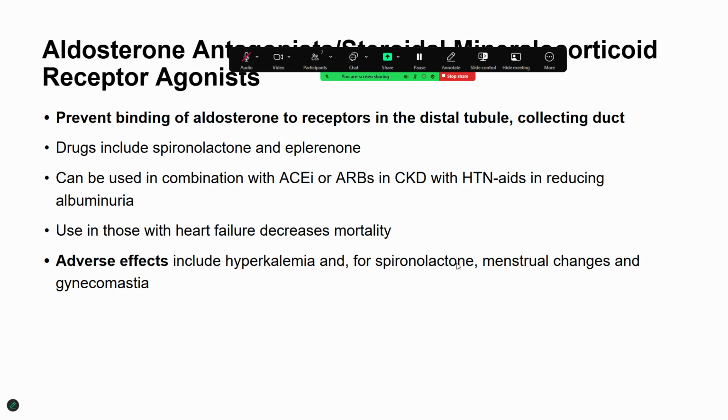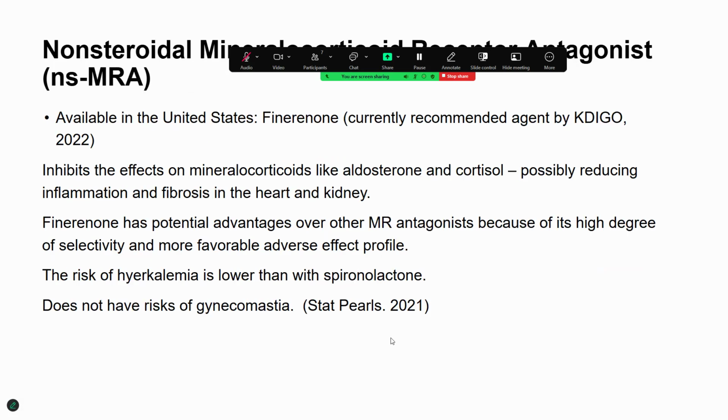The nonsteroidal mineralocorticoid receptor antagonist, finerenone, had its own special little slide in that presentation, just because it's a relatively new one that was recently recommended by KDIGO. It inhibits mineralocorticoids like aldosterone and cortisol, possibly reducing inflammation and fibrosis in both the heart and the kidneys.